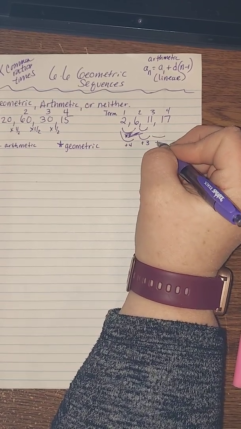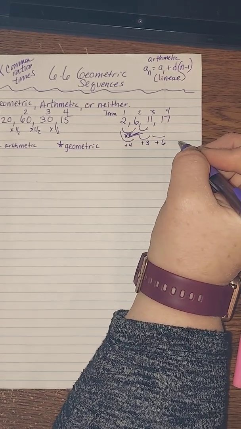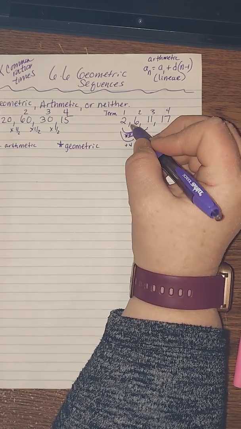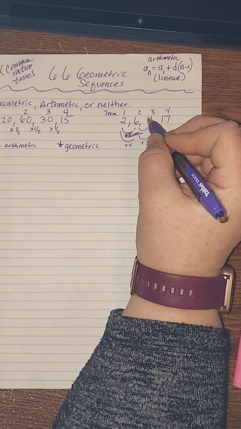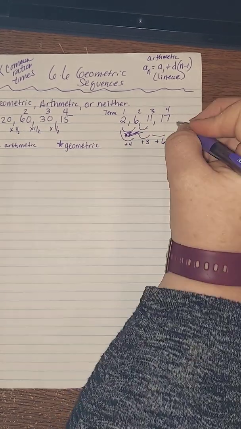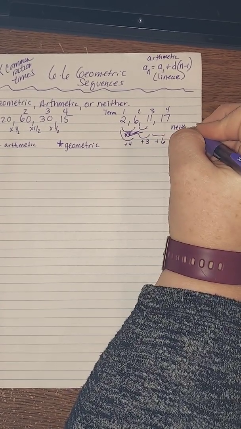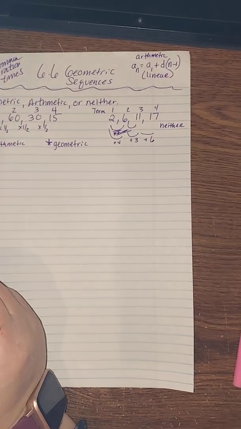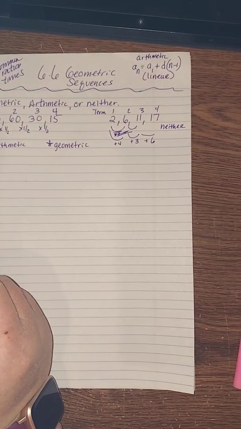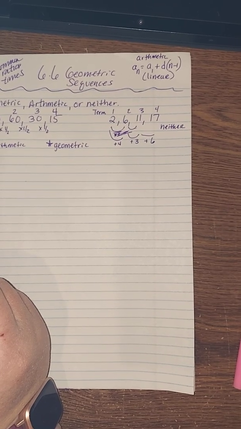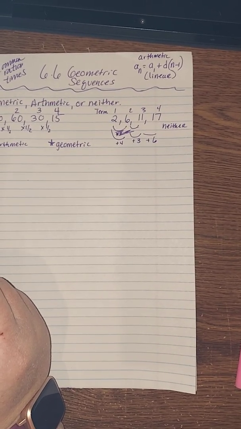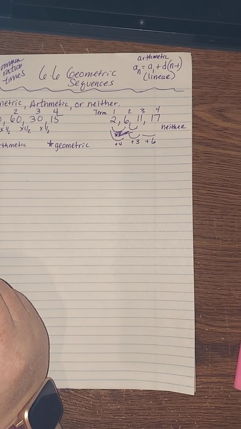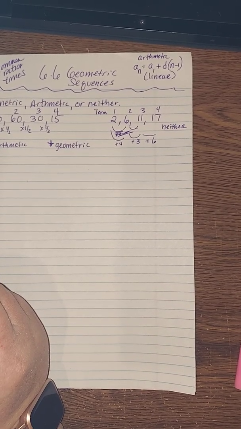And that's a plus 6. Oh. I don't think it's either one. This isn't a constant number. Oh, so this is neither. So I can't think of an addition number, and I can't think of a multiplier, so that doesn't work. Okay, questions on that?